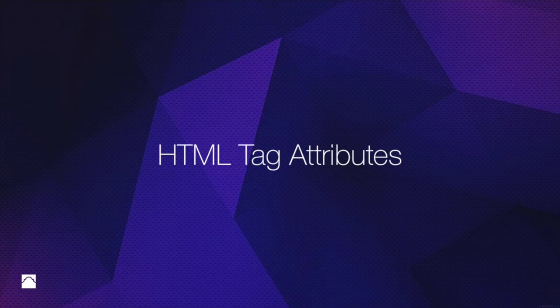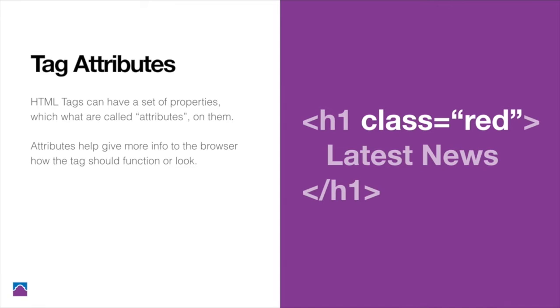The next piece is HTML tag attributes. HTML tags can have a set of properties called attributes on them. Attributes give more info to the browser about how the tag should function or look. In this case, I have a heading tag, which I'm going to go over, and also class, which represents a stylistic or CSS class, which again I'm going to go over more in depth.